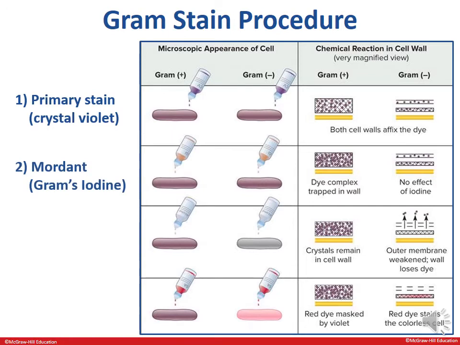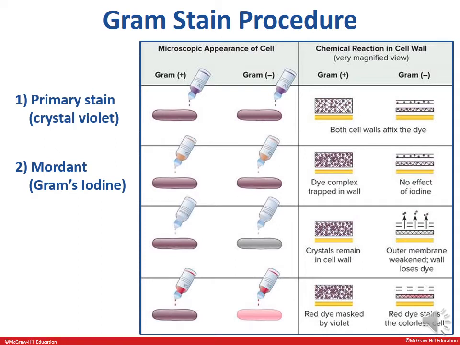The second step is what they call the mordant. You think of mordant like mortar, it's like glue. And the Gram's iodine is used in this step. The Gram's iodine doesn't stick to the cell, it sticks to the crystal violet. And so whatever crystal violet has attached itself to the cells in the first step now gets adhered to by the iodine.